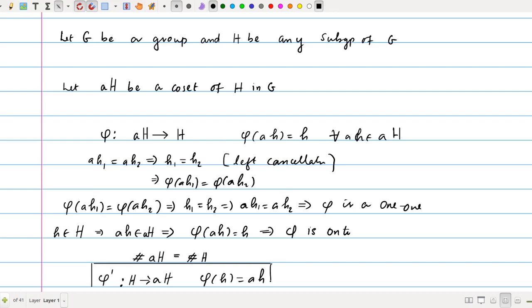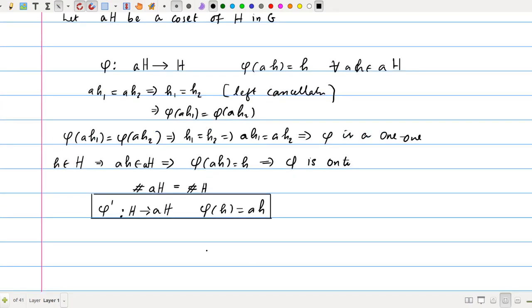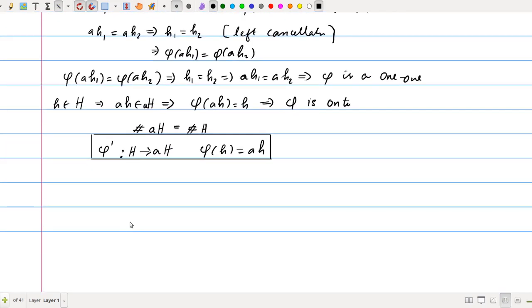So you can consider this as another one-one onto function between Ha and H. Please do it as an exercise and prove that it is one-one and onto. Now we can say that every left coset as well as right coset contains the same number of elements as H.